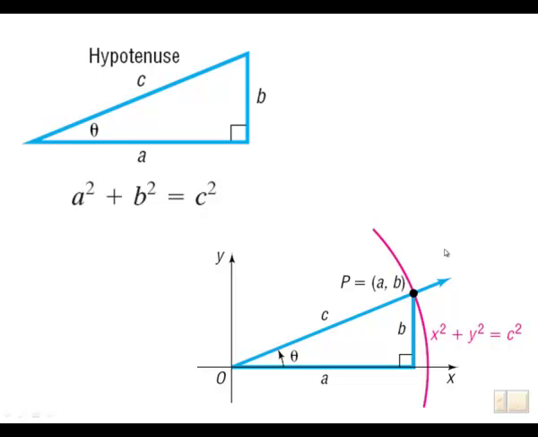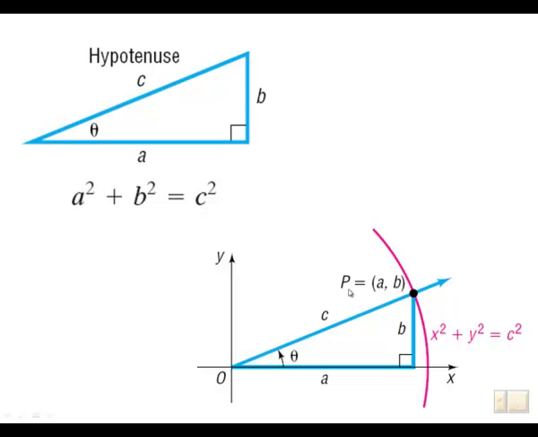Okay, so this is basically how the right triangle fits into the unit circle, where you have your x values and you have your y values here. Your hypotenuse we're looking at as C, and sides A and B, so the square of side A plus the square of side B equals the square of the hypotenuse C. As long as you have a right triangle, where one side is perpendicular to another side, you can use the Pythagorean theorem.